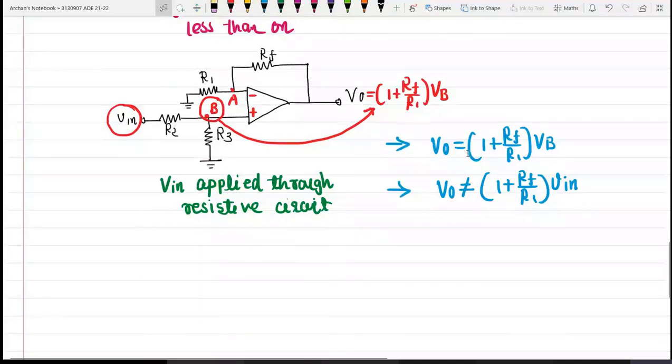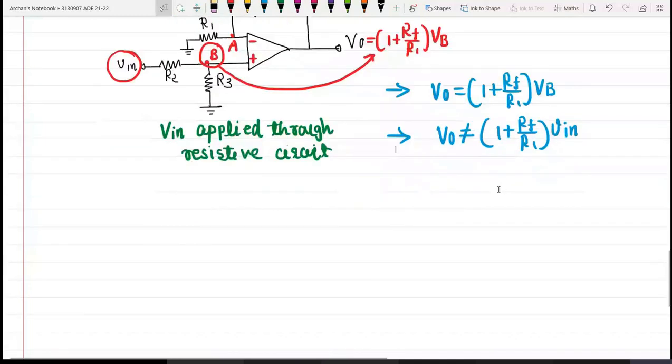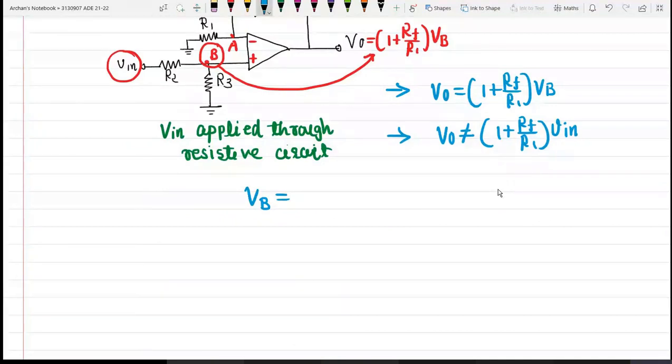Okay, so now in this case you need to find out the potential which is available at terminal B, and that is nothing but one potential divider circuit. So it will be equal to R3 divided by R2 plus R3 times V in.